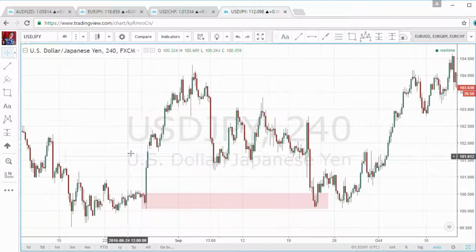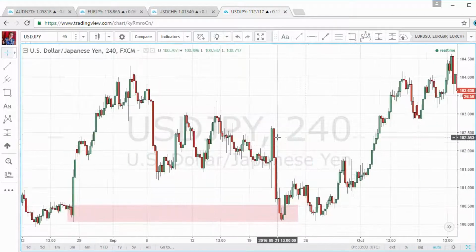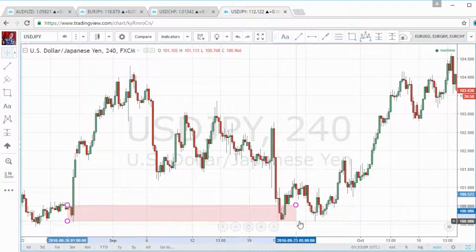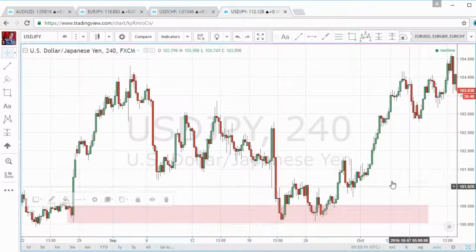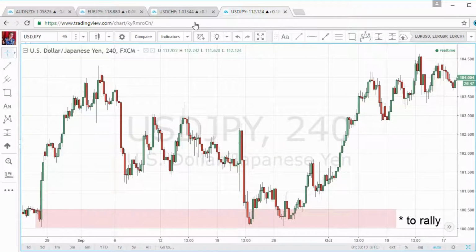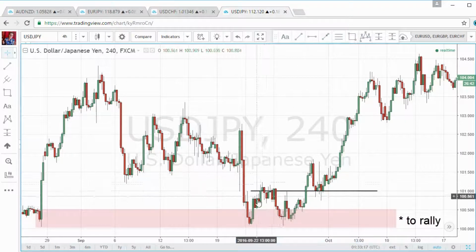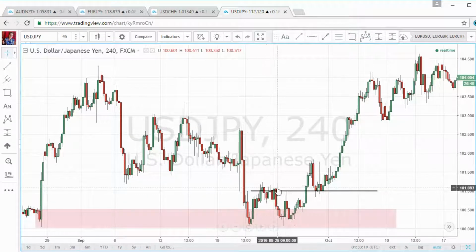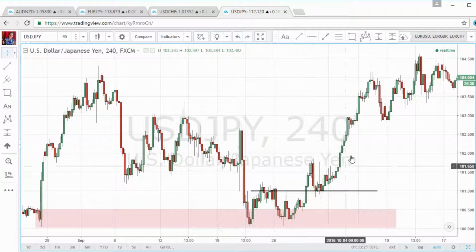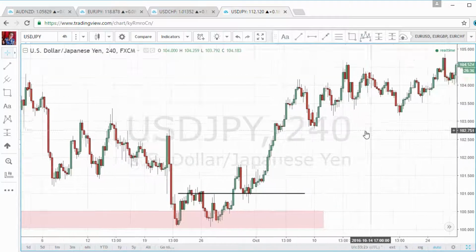You can see price came back into it. Even though we moved into this area very strongly, with very major bearish candles, we found support here, and then eventually we started to rally. If you remember, this is the flip, where price goes from using this level as resistance, and it then becomes support, and then it starts this rally.